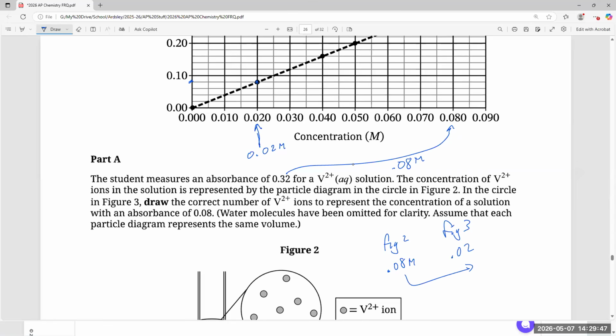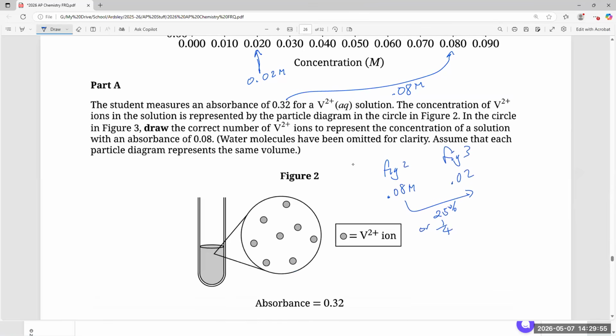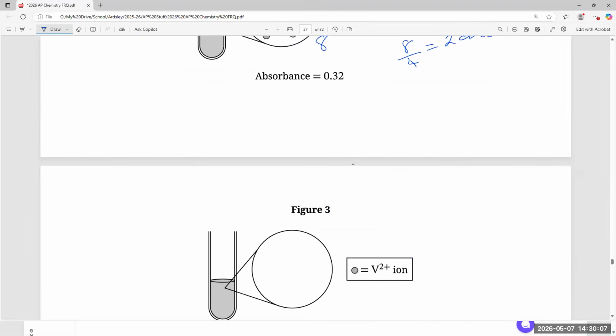So what is that? That's 25%, or 1/4, a quarter. So we want to show a quarter. How many did we have? 1, 2, 3, 4, 5, 6, 7, 8. So we have 8 here, and 8 divided by 4 is 2 dots. It's that easy. All right, so let's do it.